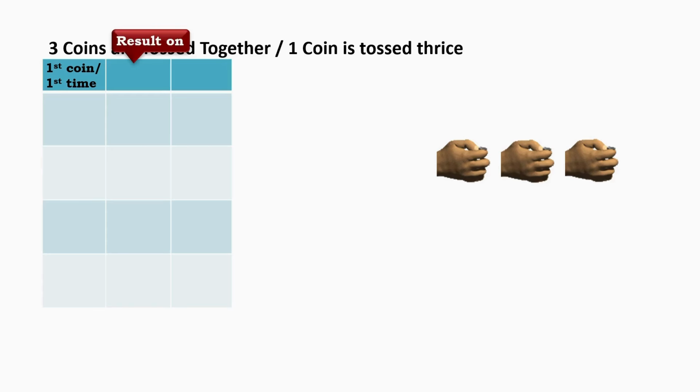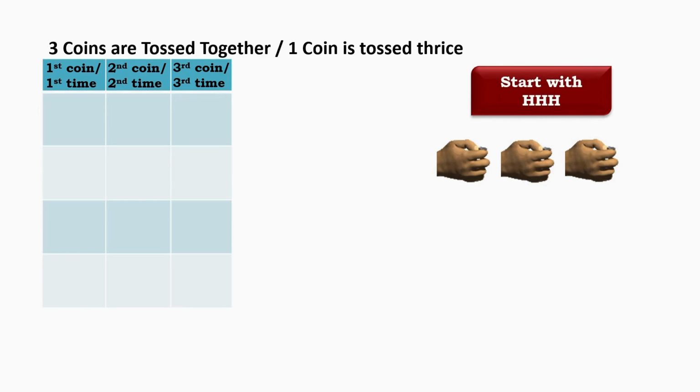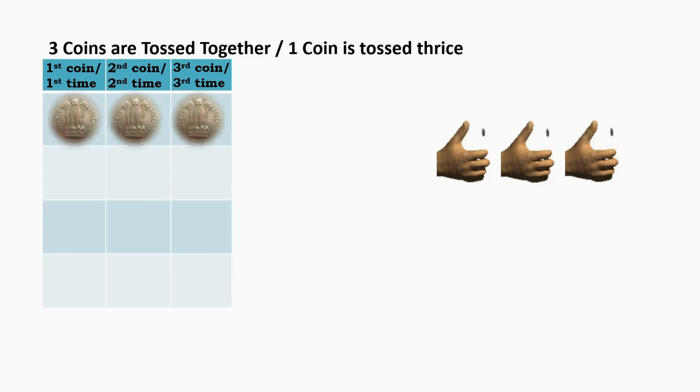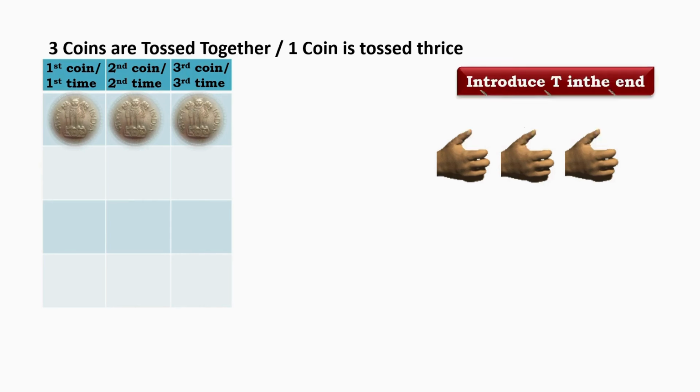Or whenever one coin is tossed three times, then we have first time, second time, and third time. Right? So, in this way, the table has been drawn. Now let us take the different outcomes. So let us first start with all heads. So head head head. So we will get head in all three cases.